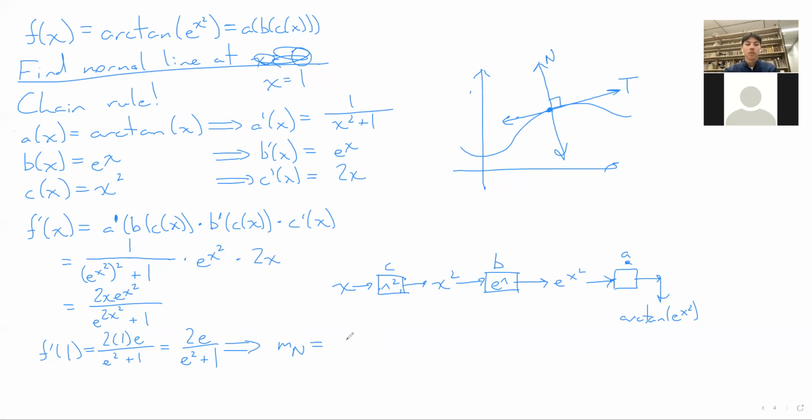Not quite. Is it just the reciprocal then? It's the negative reciprocal. So what's that going to be in this case? Negative e squared plus 1 over 2e. Yep. So that is the slope of the normal line. So we got the slope. How do we keep going?